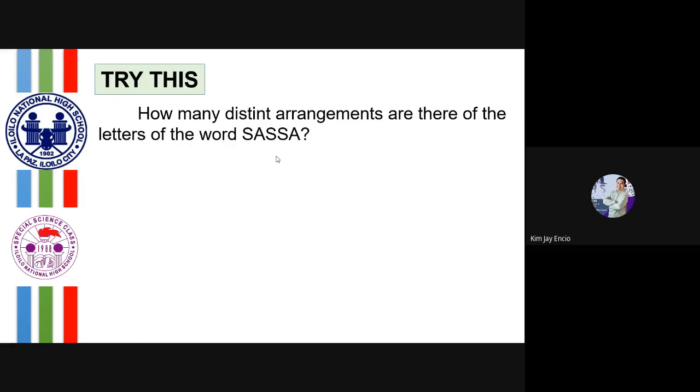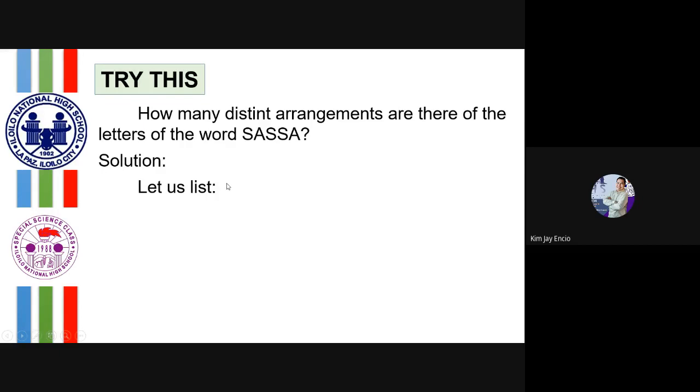So the concept here is if you interchange same elements, then that does not produce a different or distinct arrangement. But if you interchange at least 2 different elements, then it is a distinct arrangement, a new arrangement, something different. So let us list all of them.